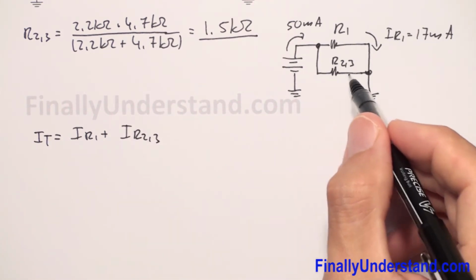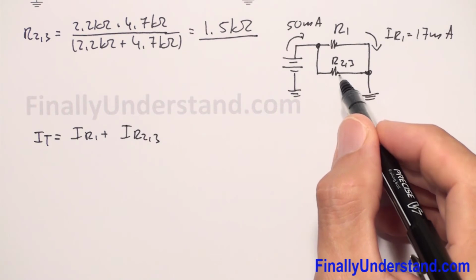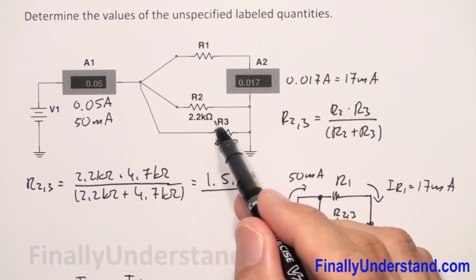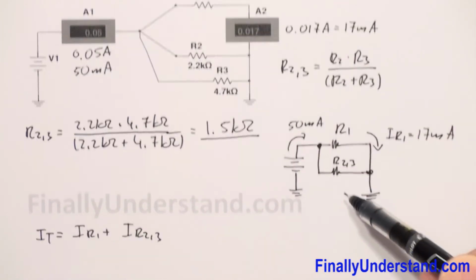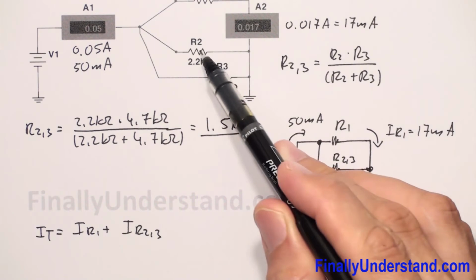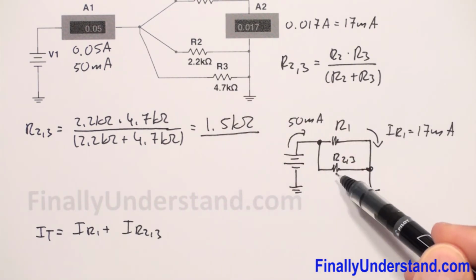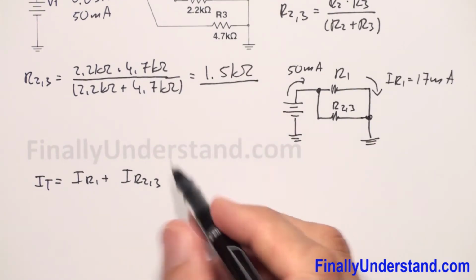I need to find the current which goes through this equivalent resistor for these two resistors. Let me just remind you that this resistance represents these two resistors. Simply, you can replace these two resistors by this resistor. So I have to find this current.